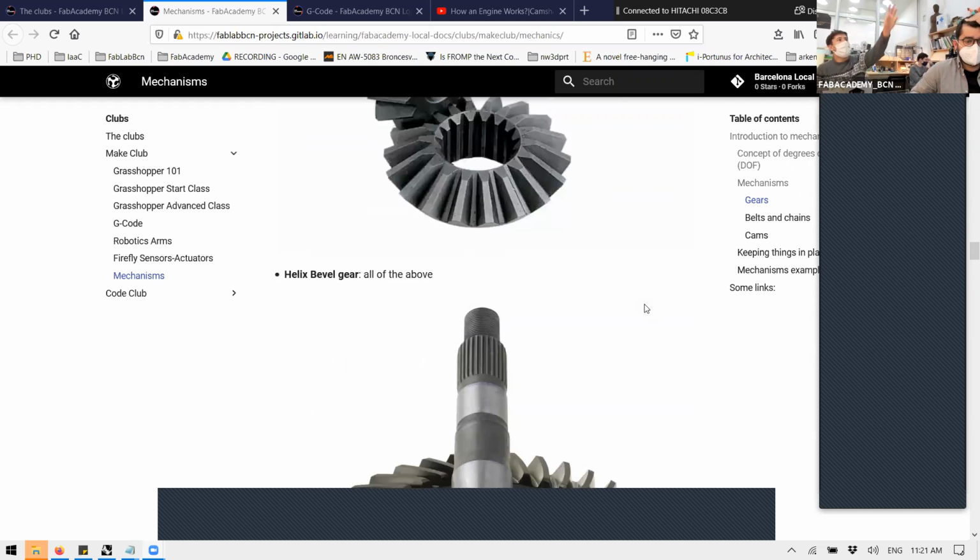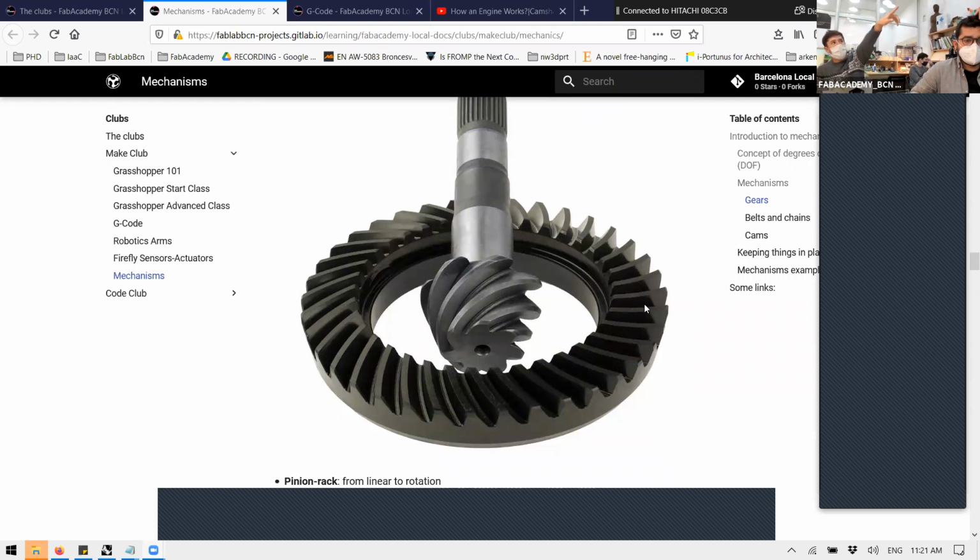The combination of both, the helical gear and the bevel gear, is the silent version, let's say. And that you find in a lot of cars as well. I make a lot of references to cars because I worked for a long time in the car industry.